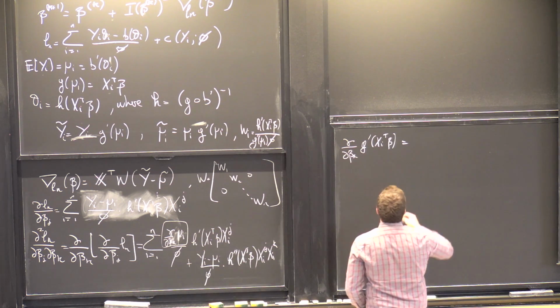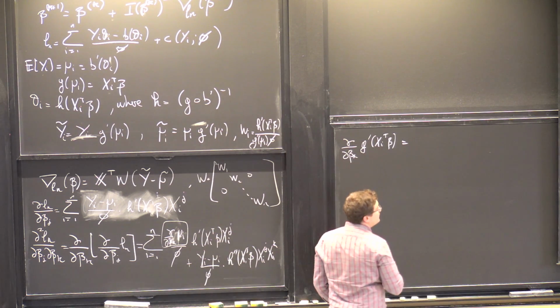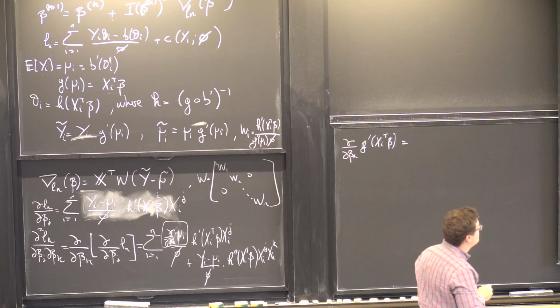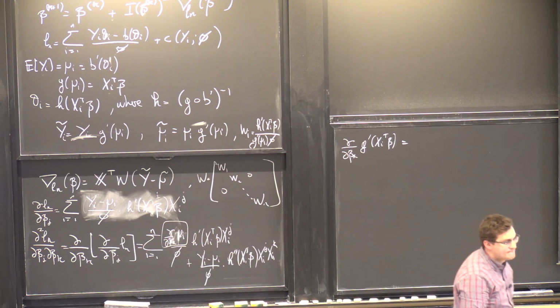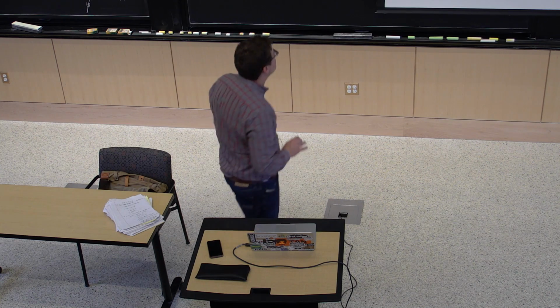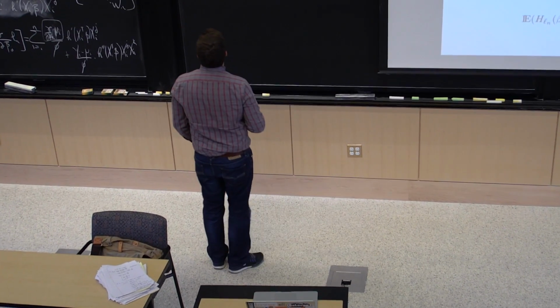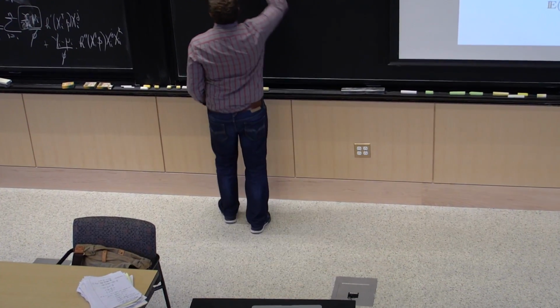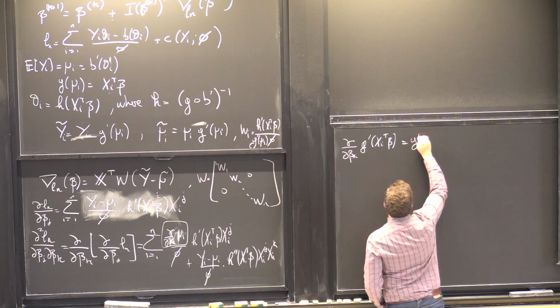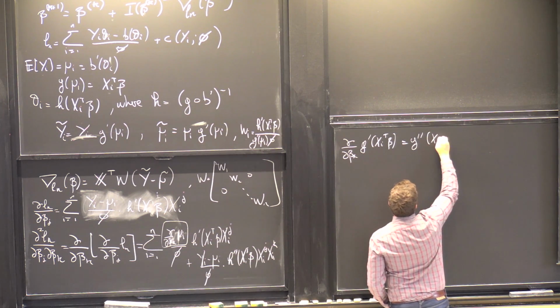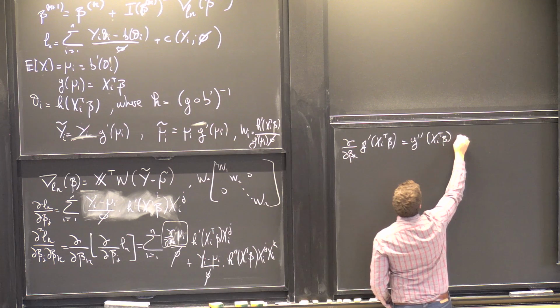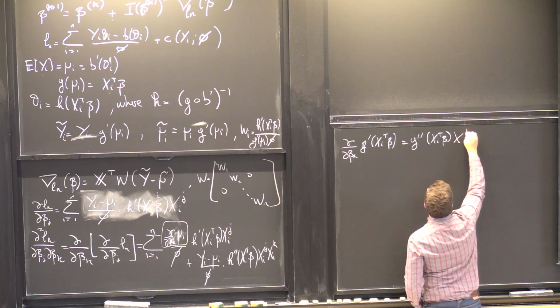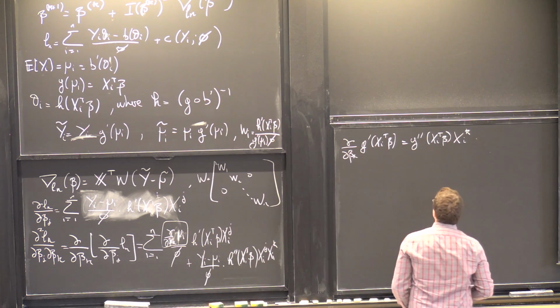What makes my life easier, actually? Give me 1 second. Well, there's no one that actually makes my life so much easier. Let's just write it. Let's go with this guy. So it's going to be g prime prime of xi transpose beta times xik. Okay?